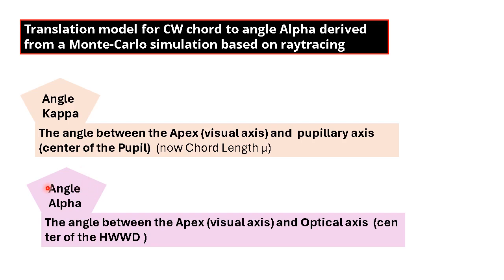The angle alpha is the angle between the visual axis and the limbal axis. The limbal axis is the center of the white-to-white diameter. When the topography measures the white-to-white diameter, the central point of that line represents the geometric or limbal axis. The angle between that axis and the visual axis is known as the angle alpha.